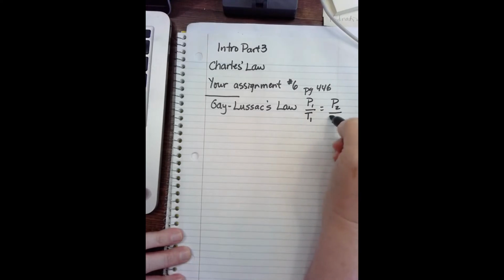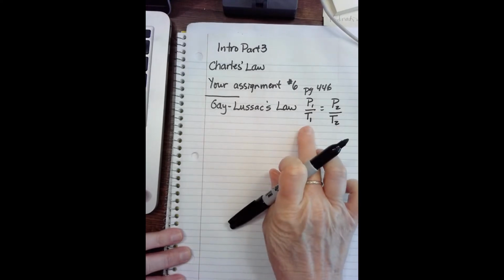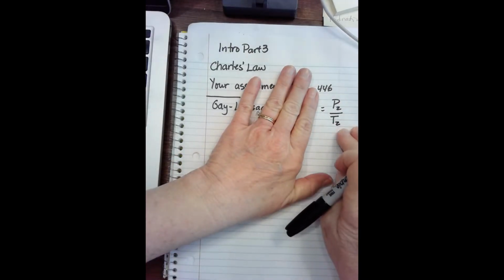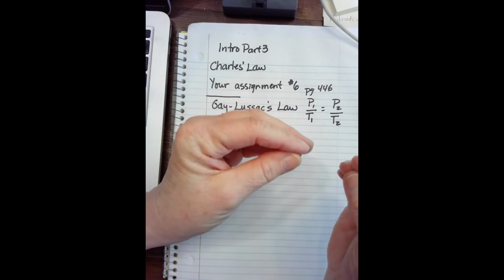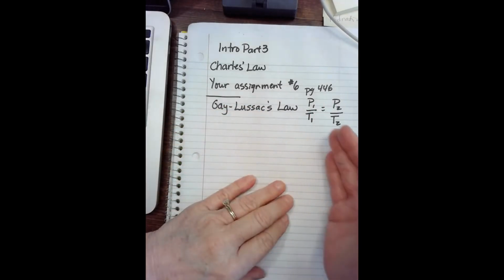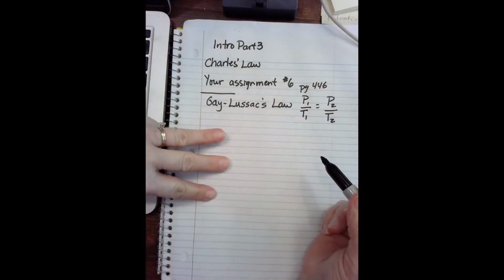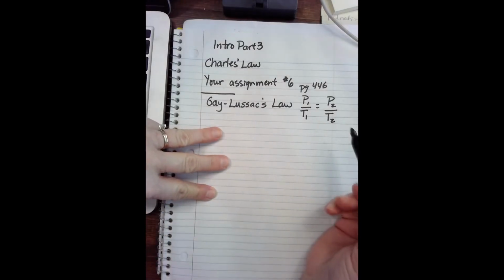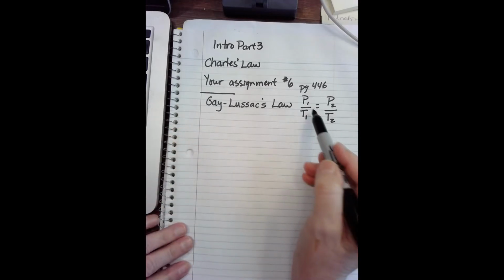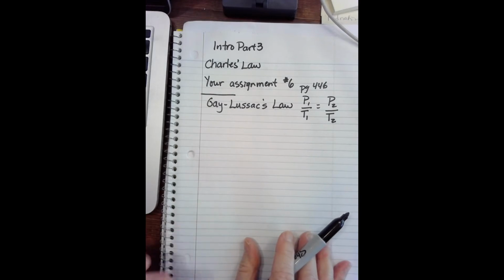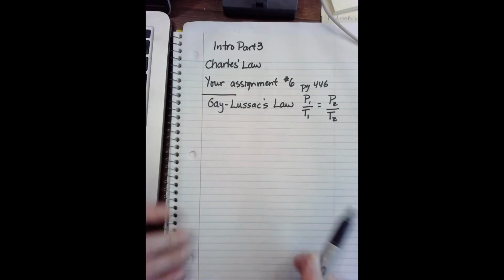So again, this is the idea that P1/T1 is equal to a constant, P2/T2 is equal to a constant, and since that constant is the same, we can set those equal to each other and solve for what is missing. So we'll have to have 3 items given to us and solve for 1. Because temperature is involved here, we will have to convert any temperatures to Kelvin in order to proceed.